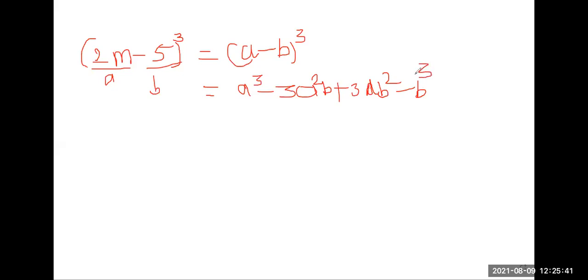Now see, a cube minus 3a square b plus 3ab square minus b cube. So this is your a and this is your b.